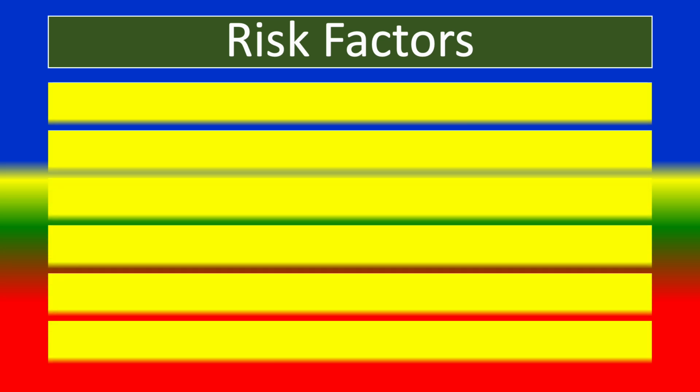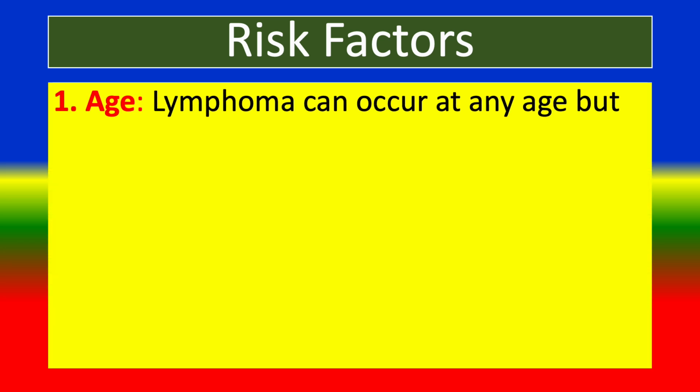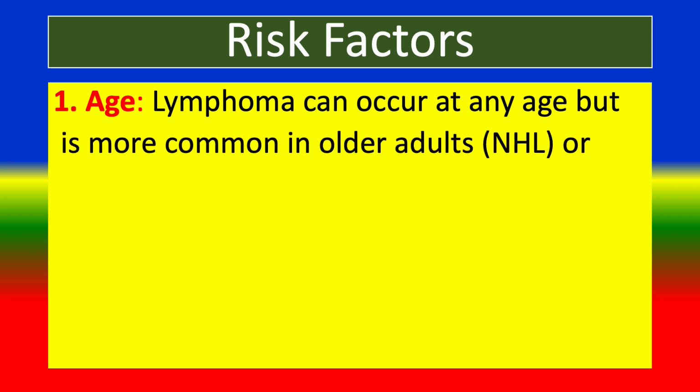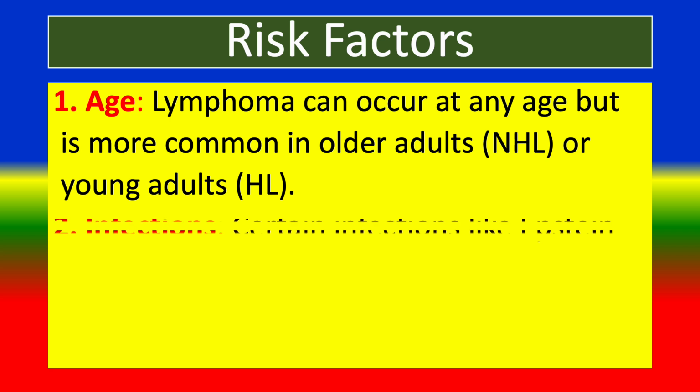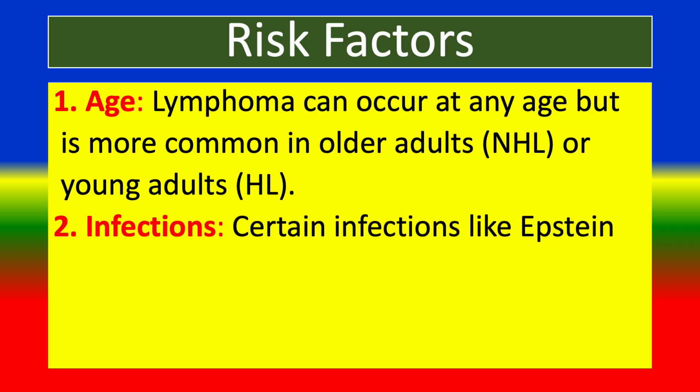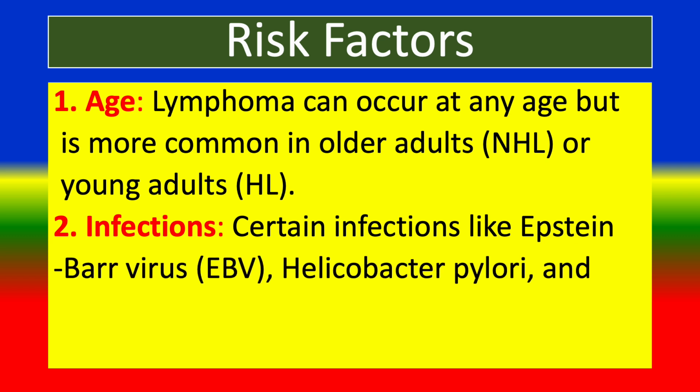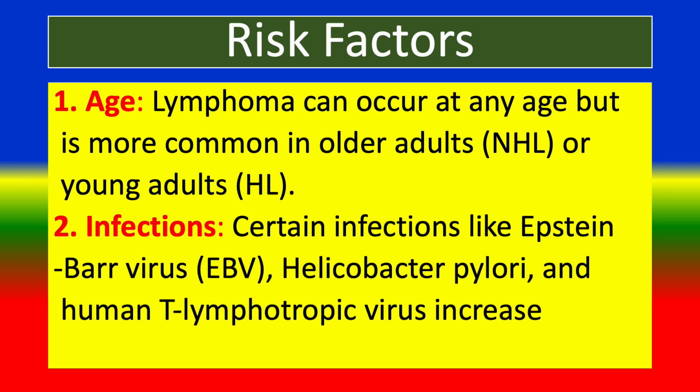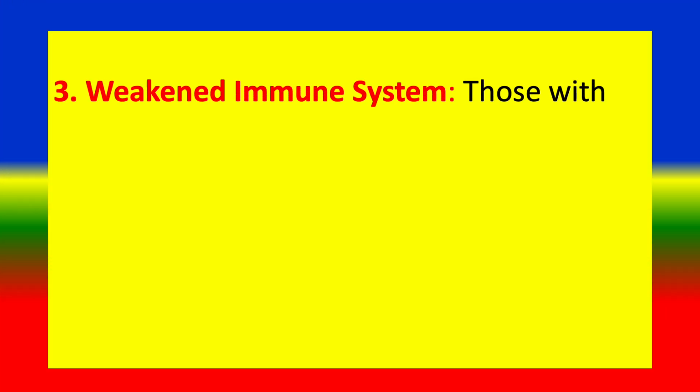Risk factors. 1. Age. Lymphoma can occur at any age but is more common in older adults or young adults. 2. Infections. Certain infections like Epstein-Barr virus and T-lymphotropic virus increase lymphoma risk. 3.